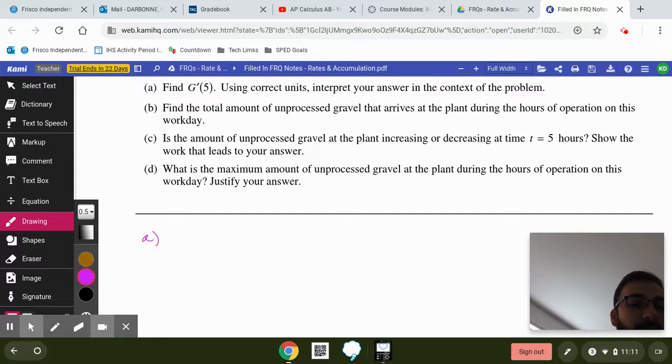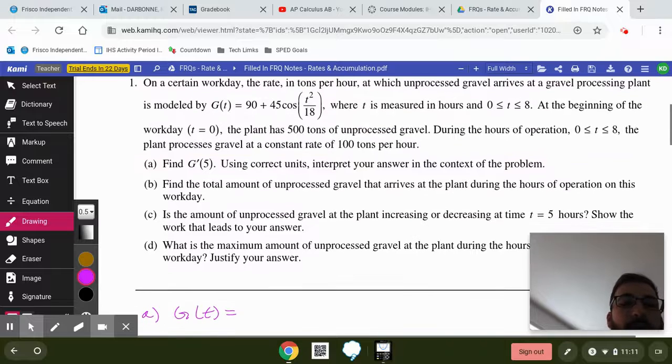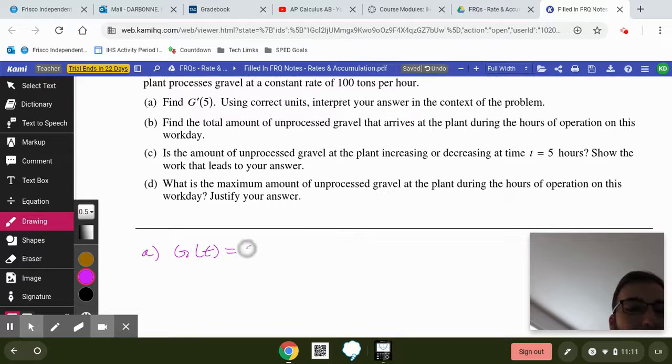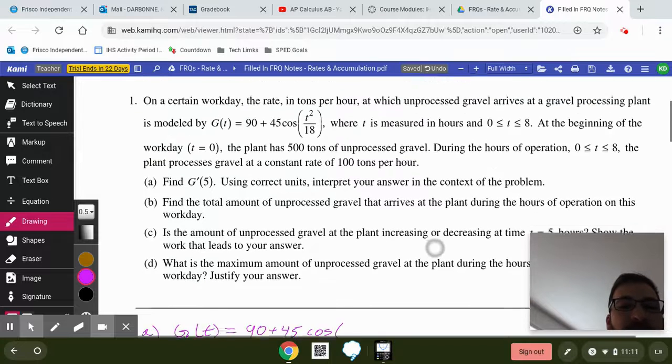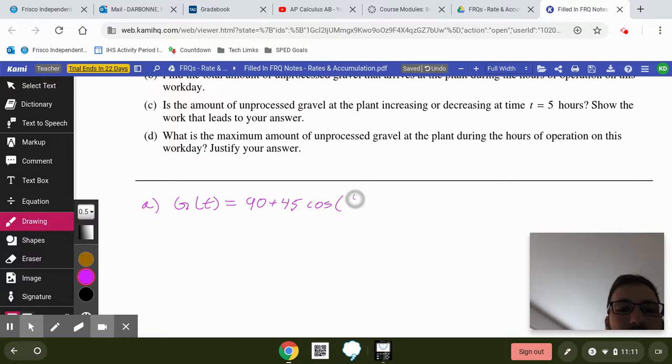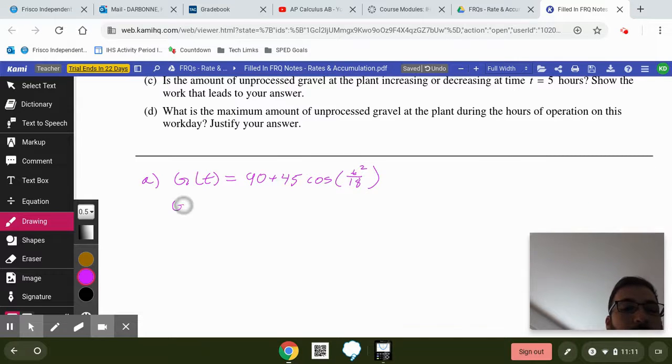Part A, g of t is equal to 90 plus 45 cosine of t squared over 18. So our g prime: 90 is going to go away, 45 stays the same, cosine becomes negative sine, so negative 45 sine.